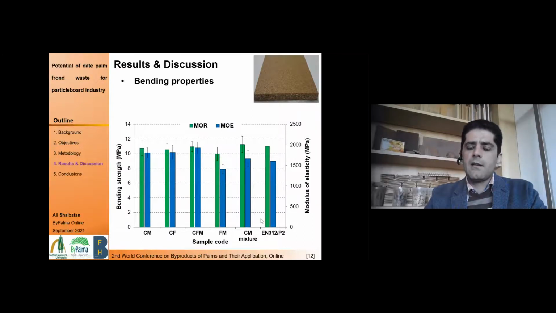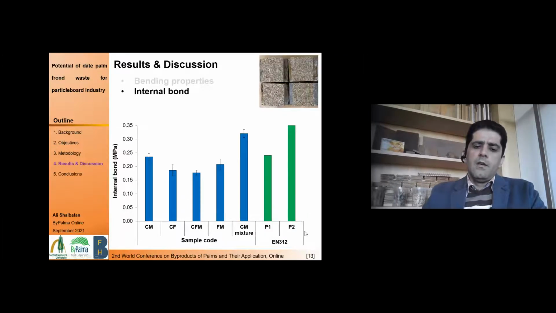Importantly, most of the panels, except the knife ring flaker hammer mill particles, already passed the standard values of EN 312 class P2, which is for a conventional particle board for interior application. Here we can see the internal bond values of those panels.